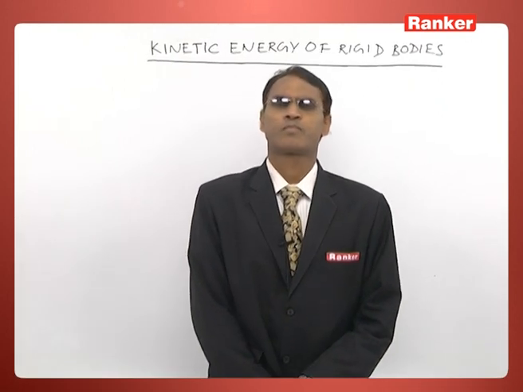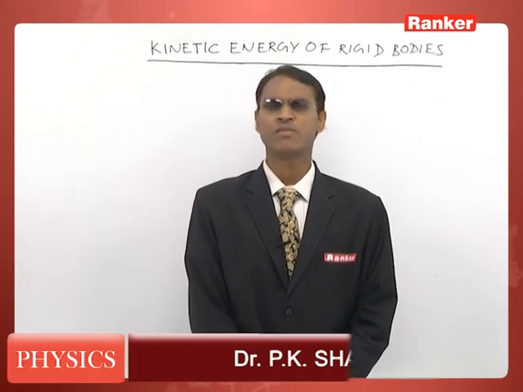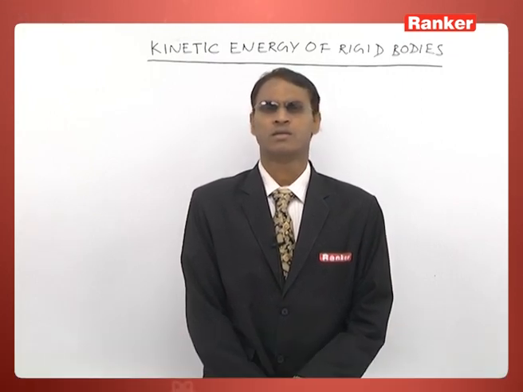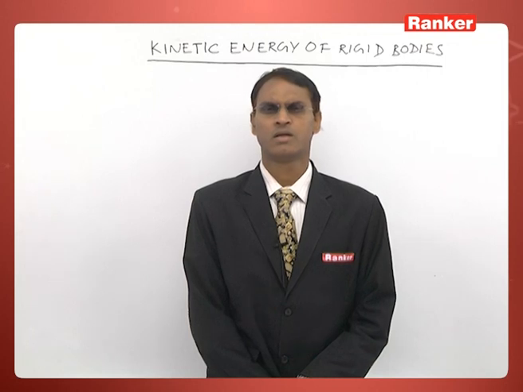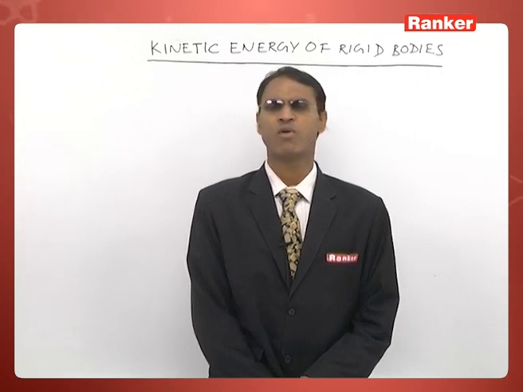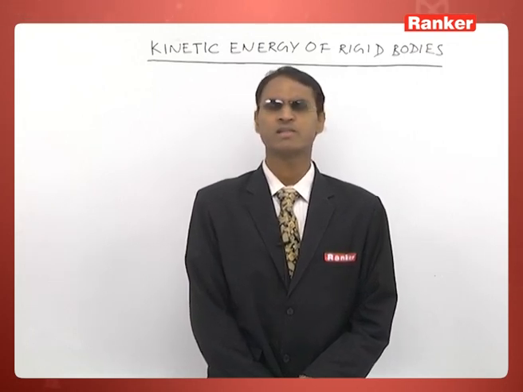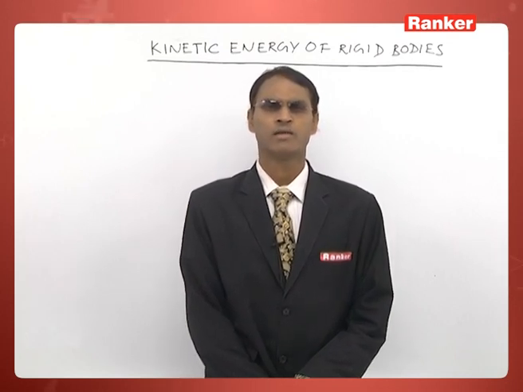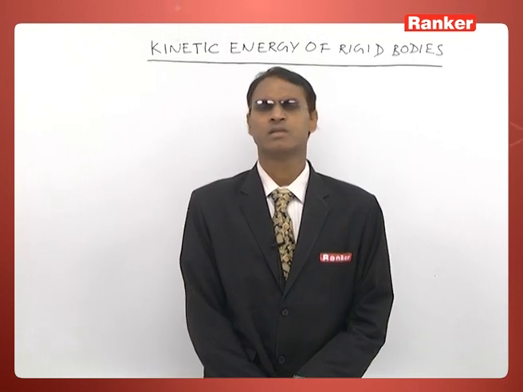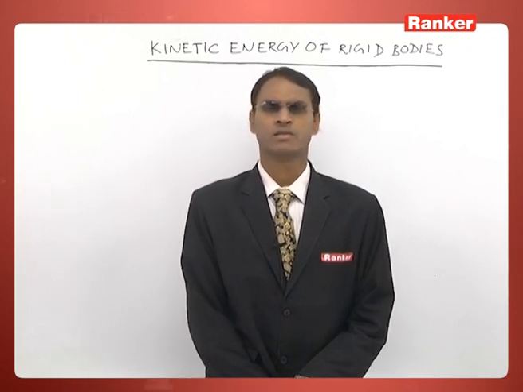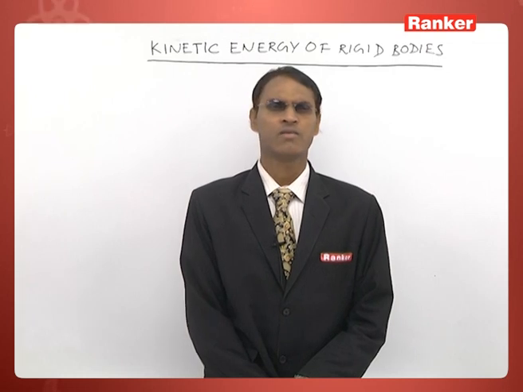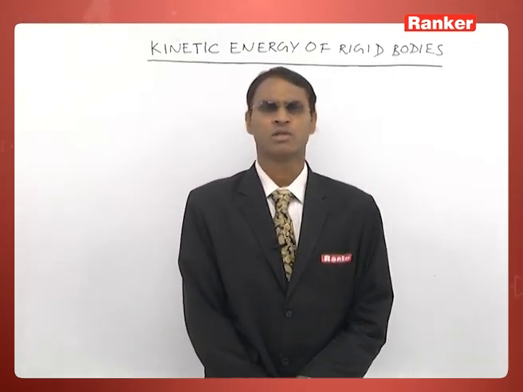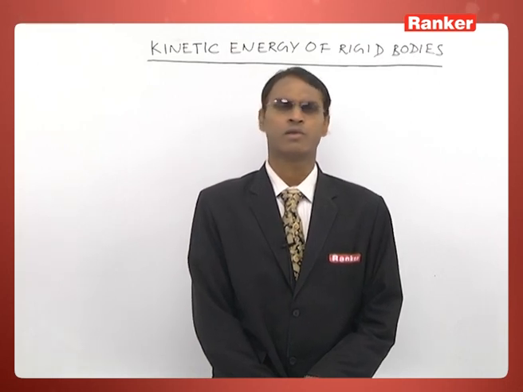After the kinematics and dynamics of rigid bodies, we need to understand various types of energy of a rigid body. The energy of a rigid body possessed due to the Earth's gravitational field is called potential energy. Then the energy possessed by a rigid body due to its motion is called kinetic energy of the rigid body.